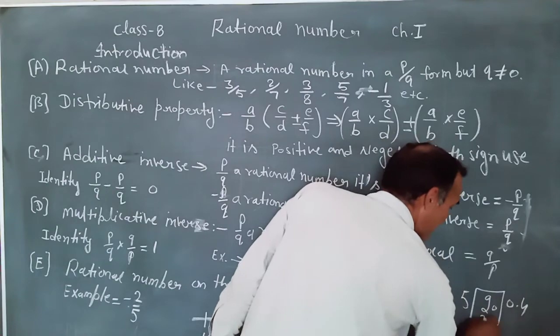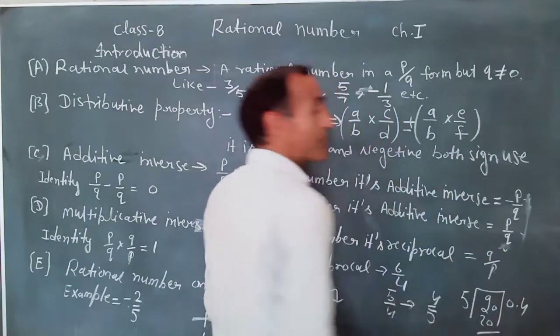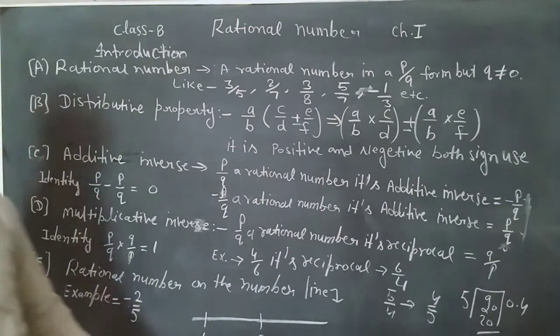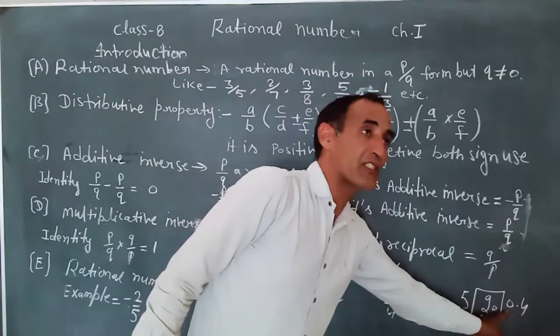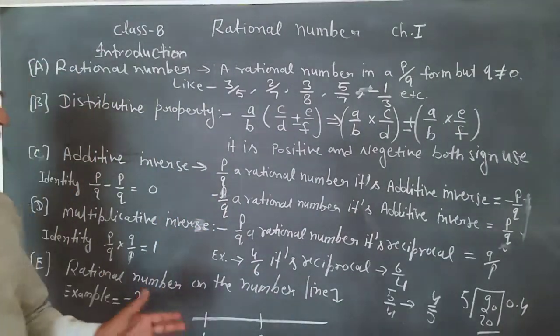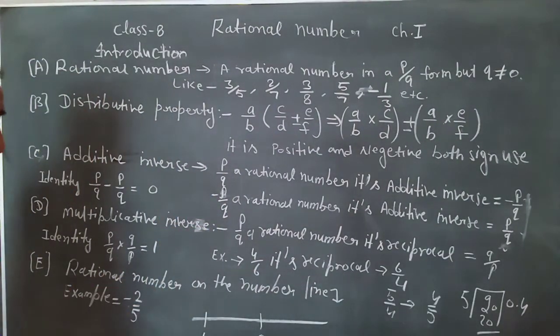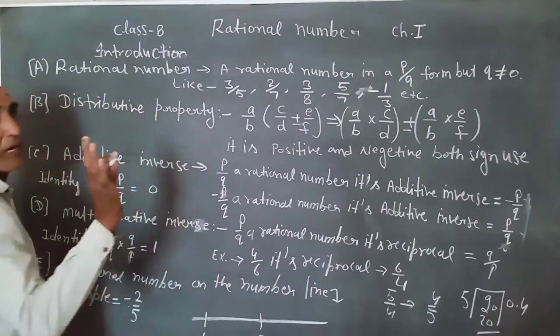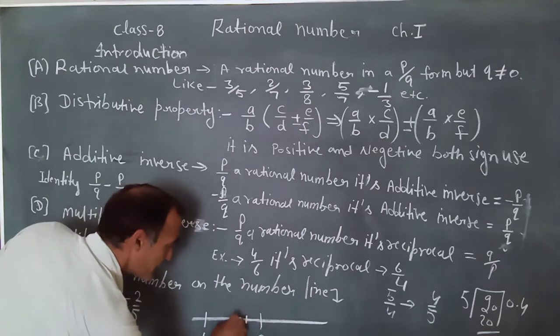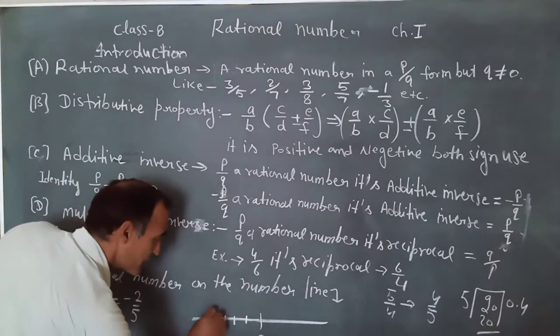It does not matter whether the division is complete or incomplete. We see that minus 2 upon 5 is between 0 and 1. So we divide 0 to 1 into 5 parts: 1, 2, 3, 4, 5.